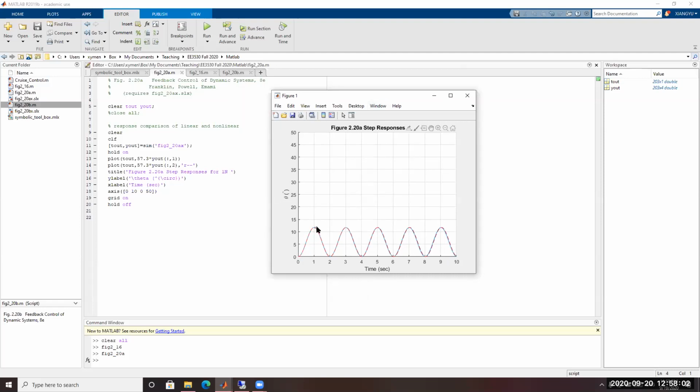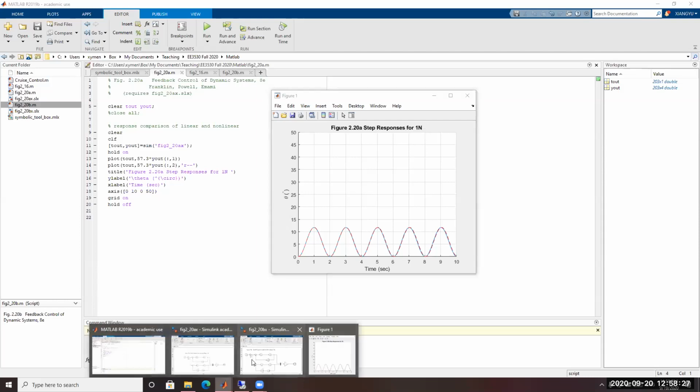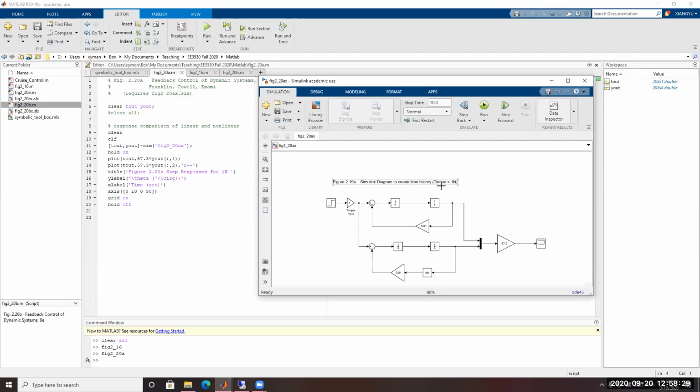You will see when the angle here is less than 15 degrees, the outputs of the two models are very close. This means the linear model is a good approximation when the angle is small. But here, the torque we applied is 1 Newton meter.